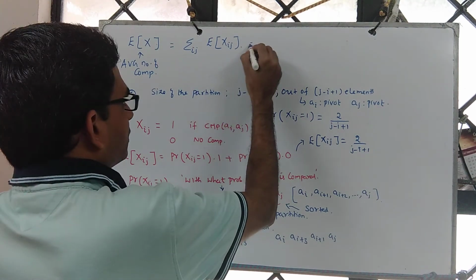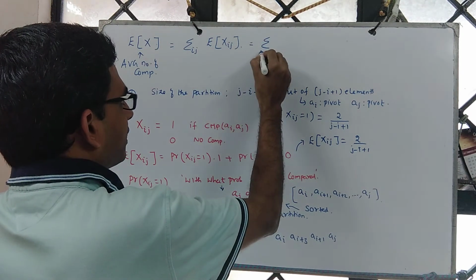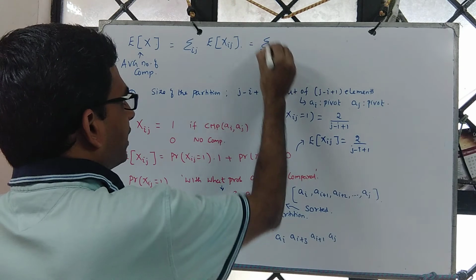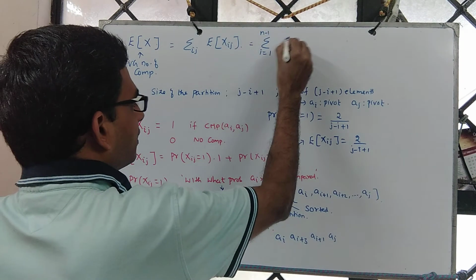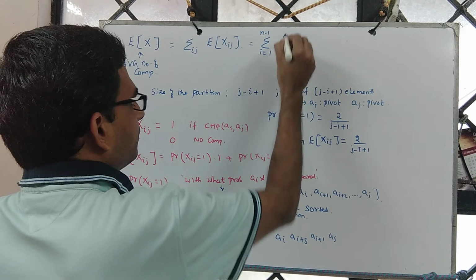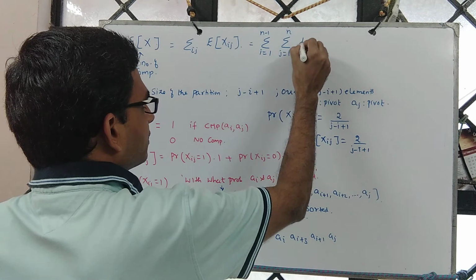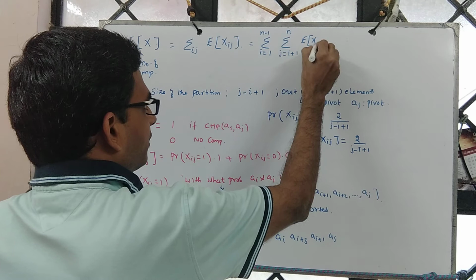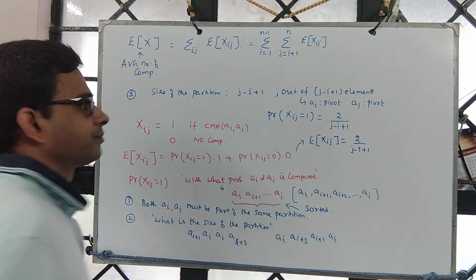What is this? This is precisely the summation where i runs from 1 to n minus 1, then j can only take values from i plus 1 up to n, and the expected value of Xij.